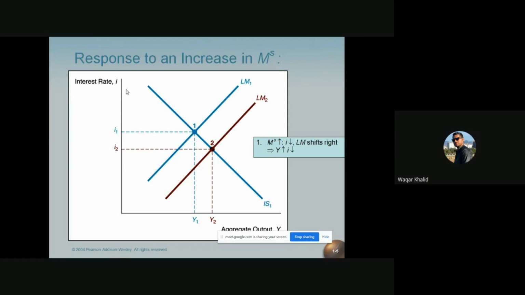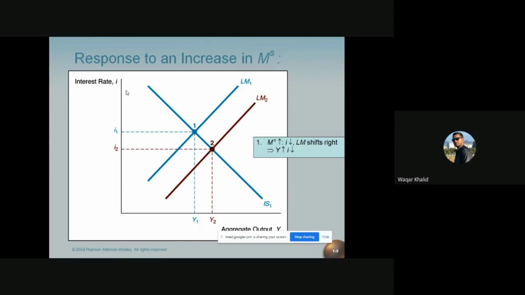Because we have moved from point 1 to point 2 when there is an increase in money supply. When the economy is at point 1, the increase in the money supply creates an excess supply of money, because the Federal Reserve has increased the money supply, resulting in a decline in the interest rate.